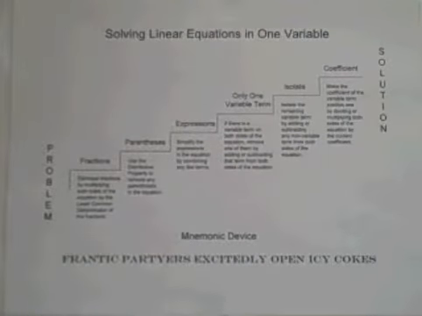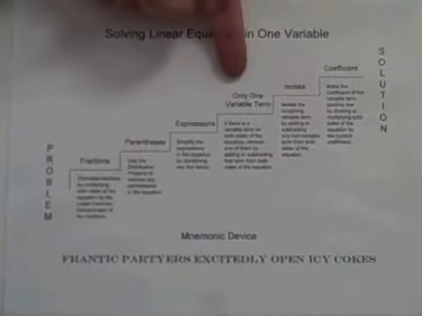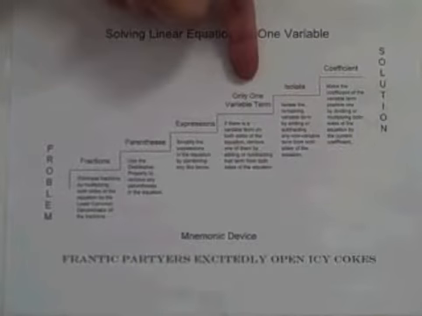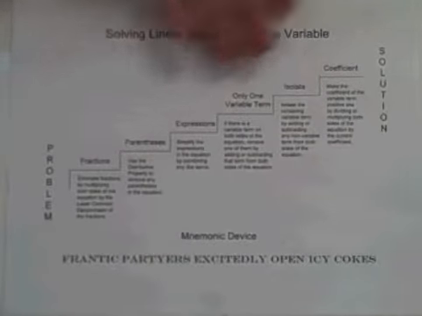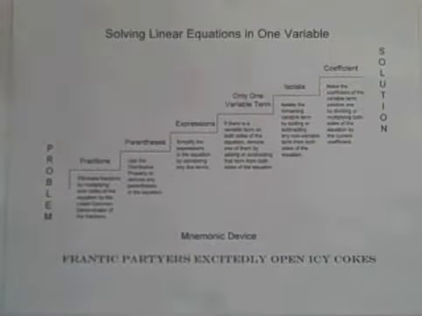Once we've done that, we will have the expressions on each side of the equation as simple as they possibly can be, and then we can examine them to see if there's a variable term on each side of the equation. If there is, that's a problem for us, because we only want one variable term in our equation in order to go on to finish solving and get from problem to solution.